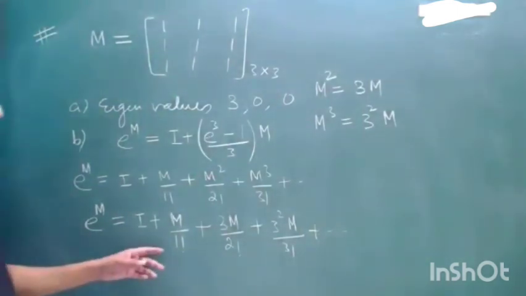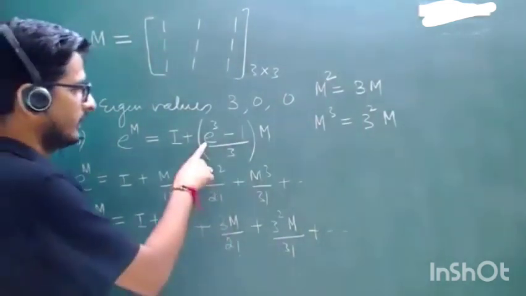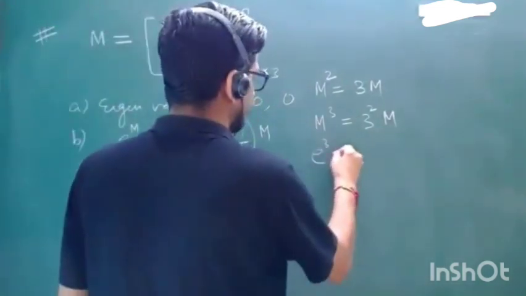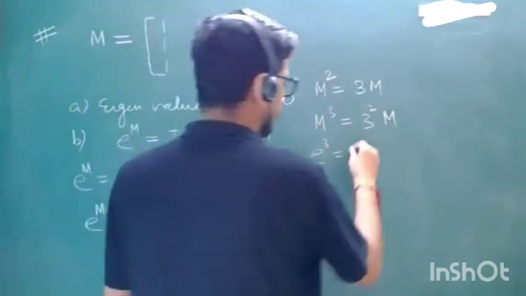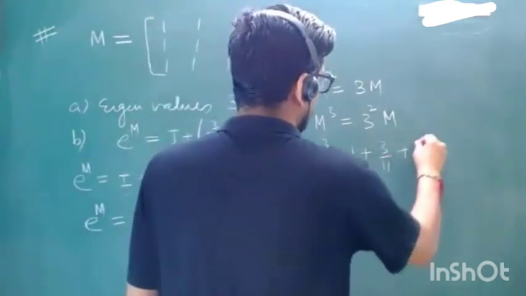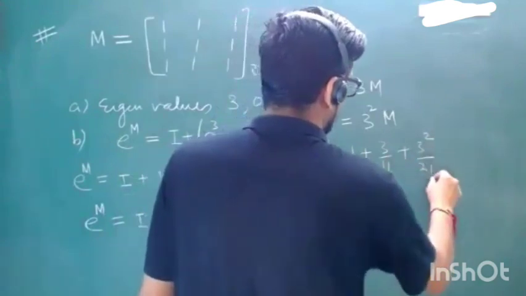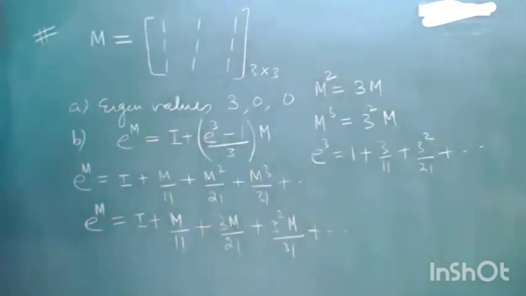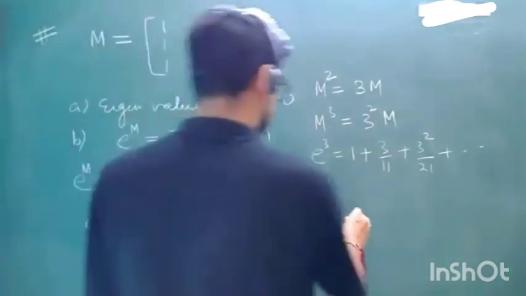Now you can see that you need a series of e to the power 3. So what will be e to the power 3? It will be 1 plus 3 upon 1 factorial plus 3 square upon 2 factorial plus and so on. And you can see there is a chance of getting this.